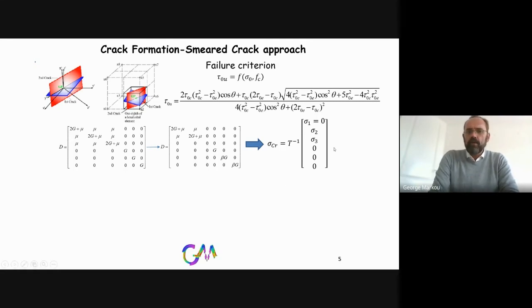You solve the eigenvalue problem and calculate the principal stresses, sigma 1, 2, and 3, and you know their directional cosines. Then you find the maximum tensile principal stress, and you say that along that direction, the crack will be perpendicular to that maximum principal stress. So you calculate it based on the stress field.